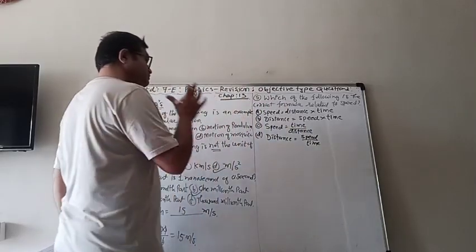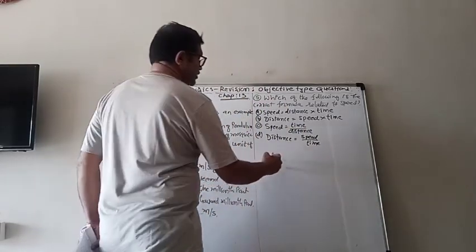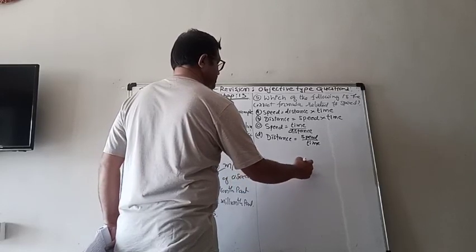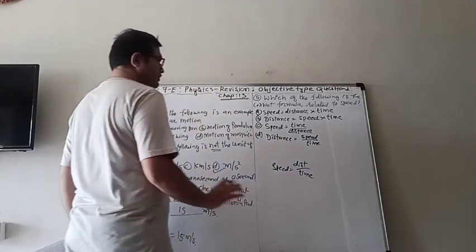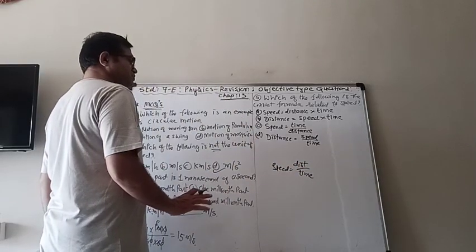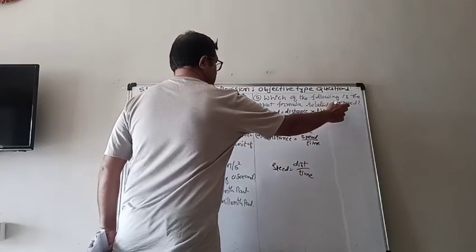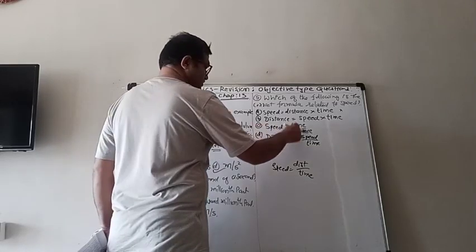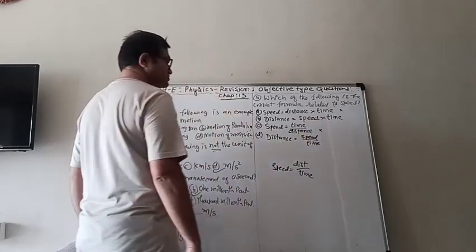Now if you are getting confused, then you have to remember the formula of speed. Speed is distance divided by time. Now here A is gone because it is distance multiplied by time, so it cannot be the answer. Speed is equal to time divided by distance, but here it is distance divided by time, so that is also gone.